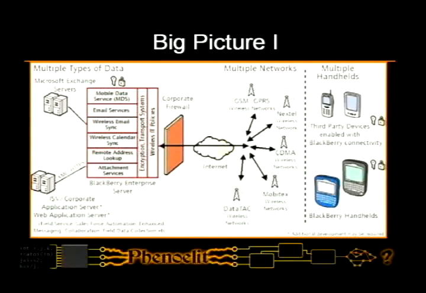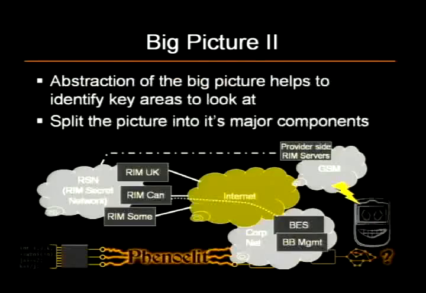Firewall, more or less. We don't know what this path through the firewall looks like. And then we have wireless policies and all the different stuff on the server side, interfacing to Exchange and other services. And then in small print, it says web applications and internal and whatnot. So there's quite a lot on this official big picture that you want to look at.